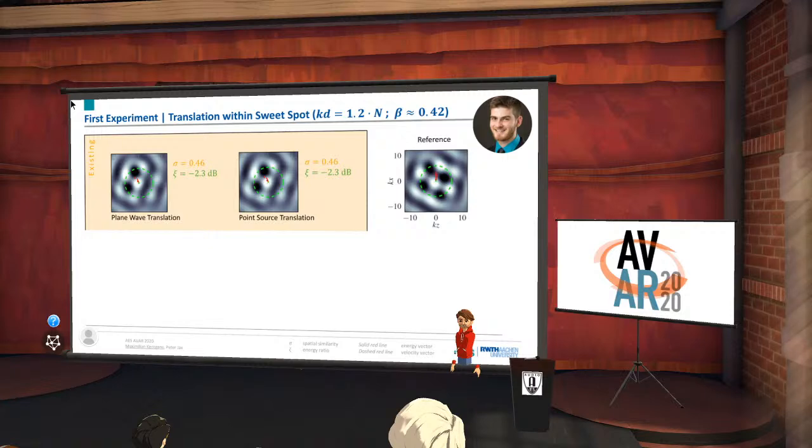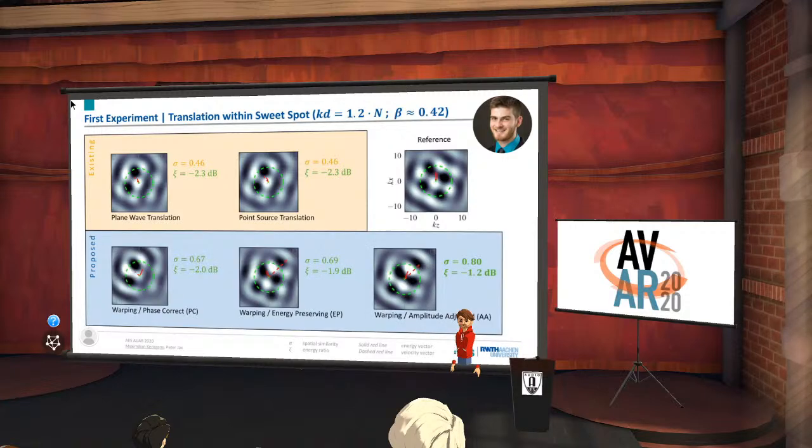So how does our novel approach compare with this? Have a look on the bottom left. This is the warping variant with phase correct equalization. And if you have a look at the sound fields themselves, they look very similar to the plane wave translation, the point source translation, especially in the left half of the sweet spot.